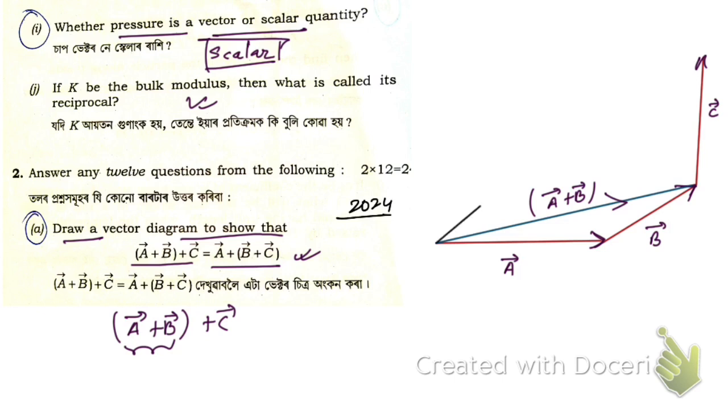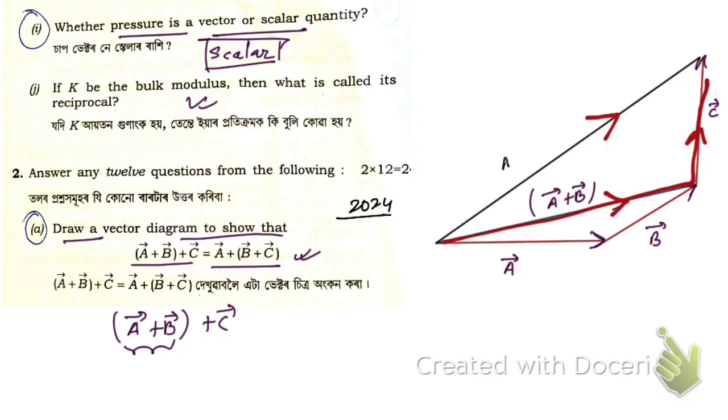So if you consider this triangle, these two are in the same order. Now if you complete this triangle and take this in opposite order, that's going to give you A plus B, right? Then plus C. Okay, now we need to check the right hand side, A plus B plus C.